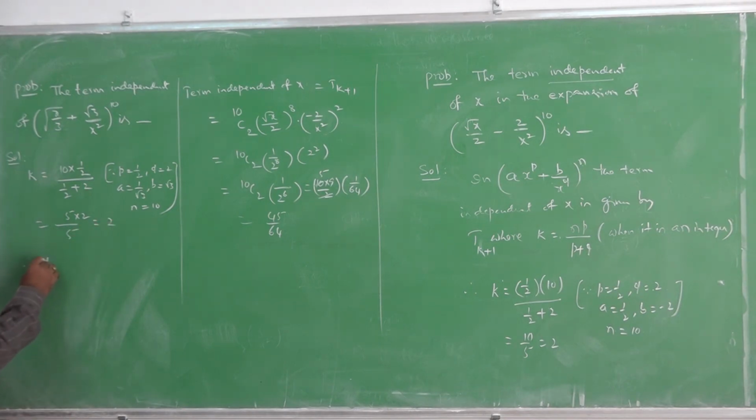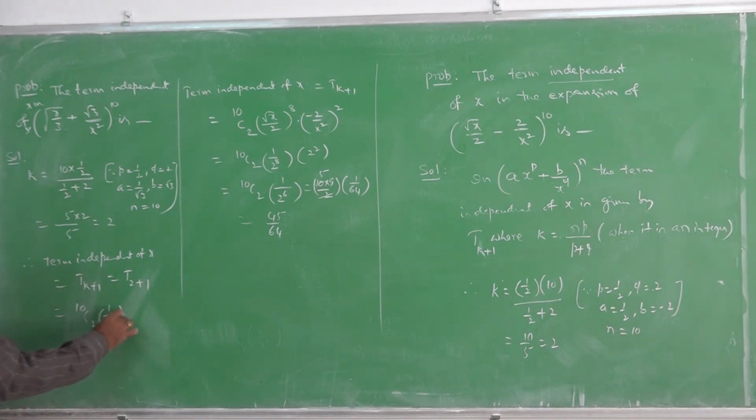Therefore, term independent of x is Tk plus 1, T3, that is 10C2. You need not write x values here.